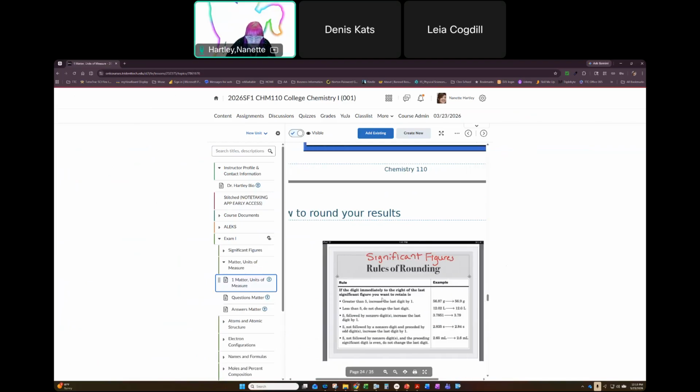If the digit immediately to the right of the last significant figure you want to retain is 5, followed by any non-zero digit, then you increase the last digit by 1. If it is 5, not followed by any non-zero digits, and the preceding significant digit is even, do not change the last digit.